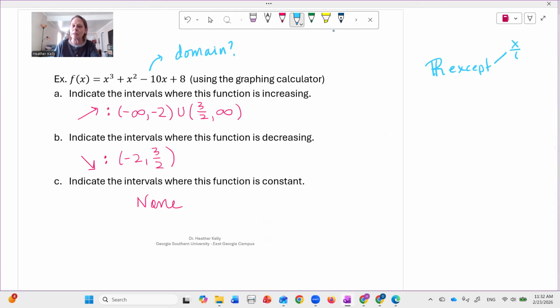Can't have a 0 in a denominator and can't have a negative square root. There's no denominator and there's no square root. So the domain here is -infinity to +infinity, and we've got to capture all of that. Okay. So let's move on.